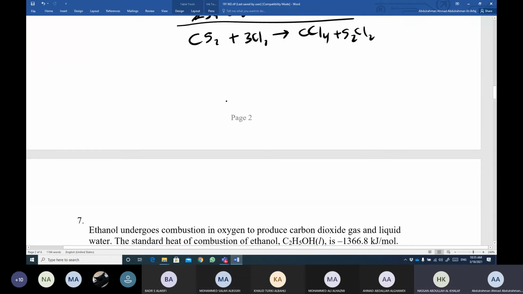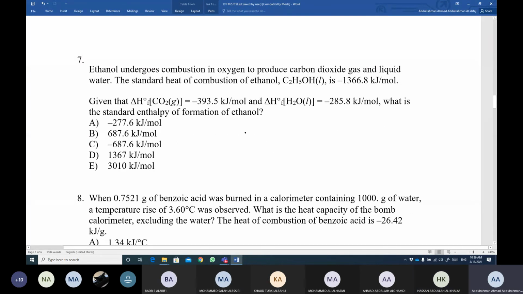Easy. Good. Next, ethanol undergoes combustion in oxygen to produce carbon dioxide and liquid water. So ethanol, C2H5OH, reacts with O2.